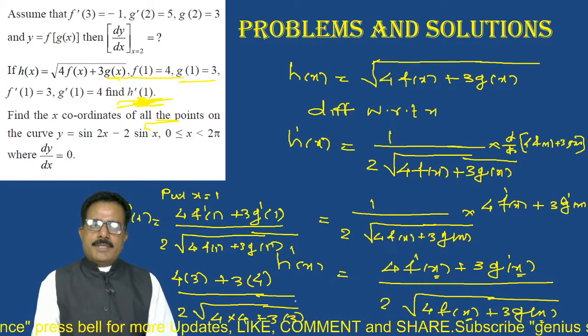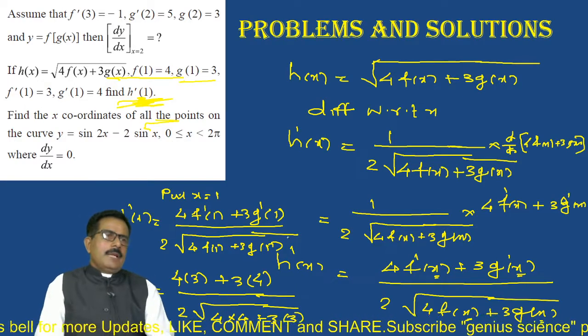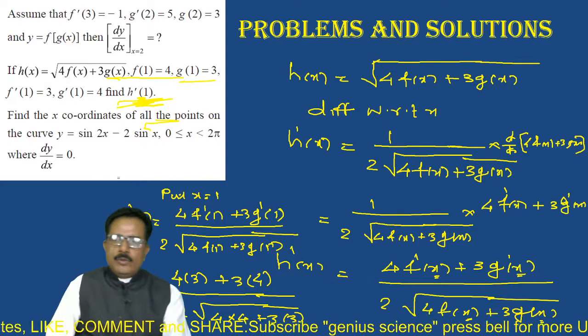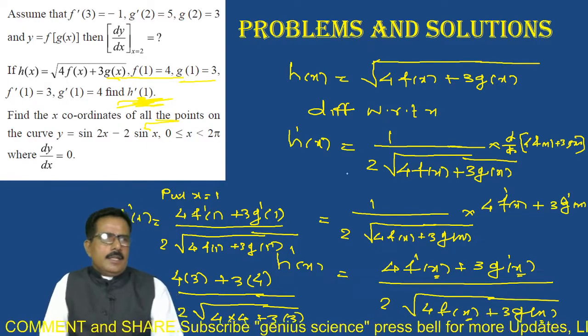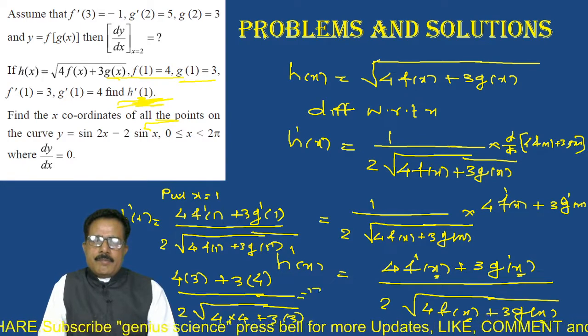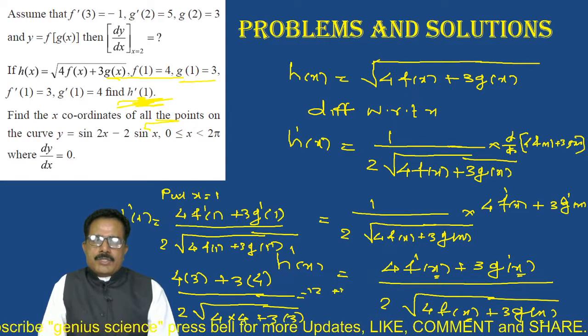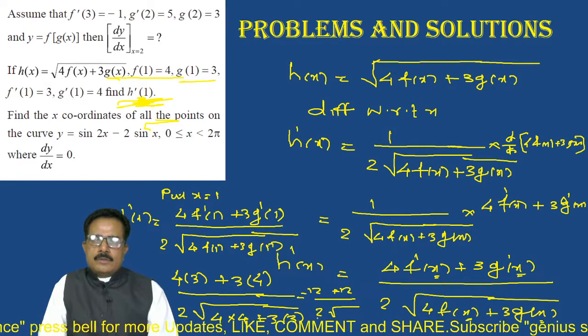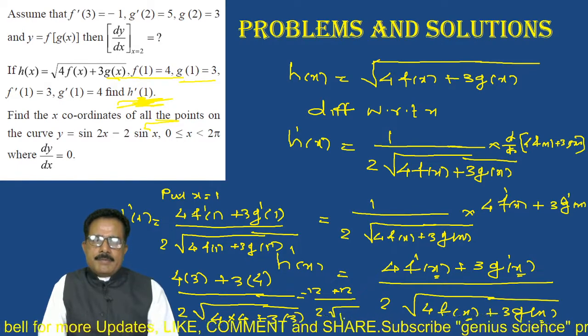Now, our aim is to calculate this. This is a simple calculation. Now, the value of this is 12 plus 12 divided by 2 root 16 plus 9.